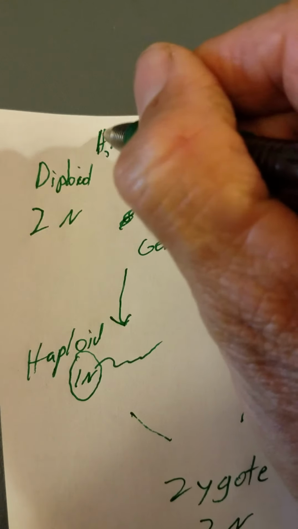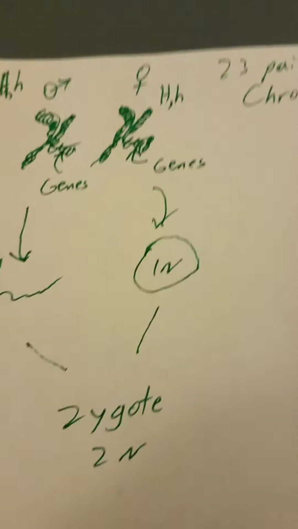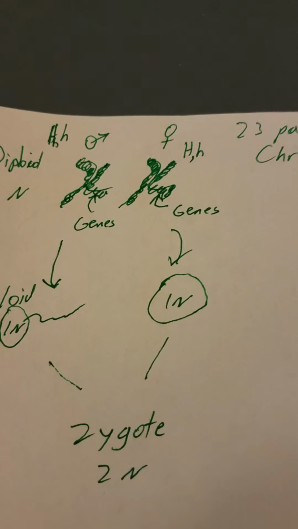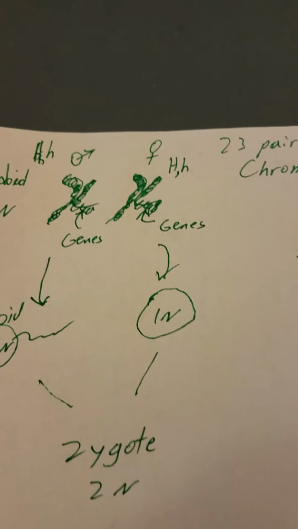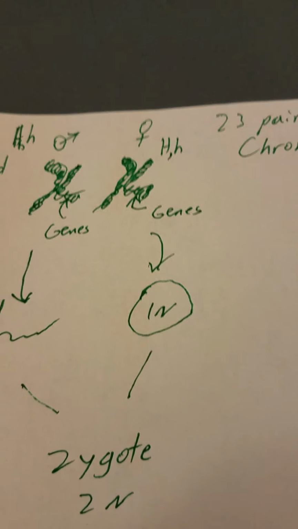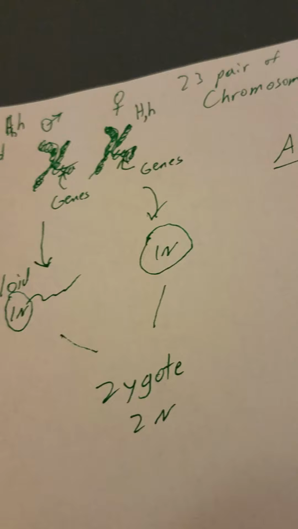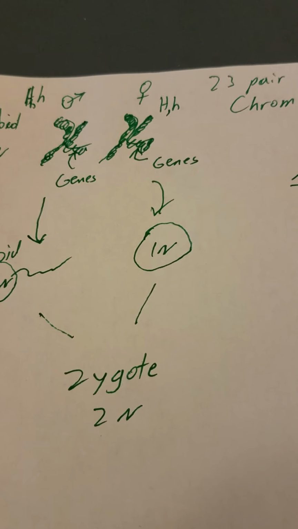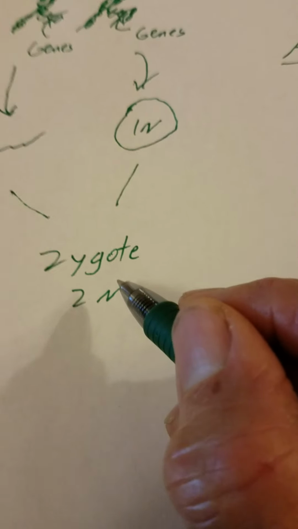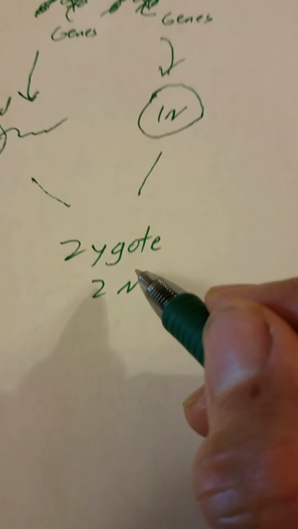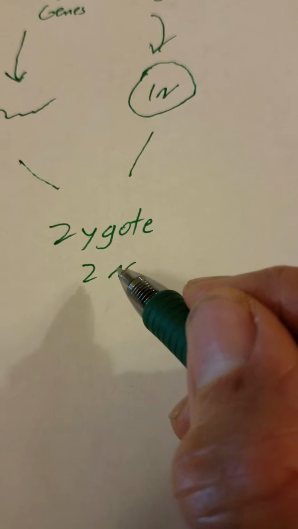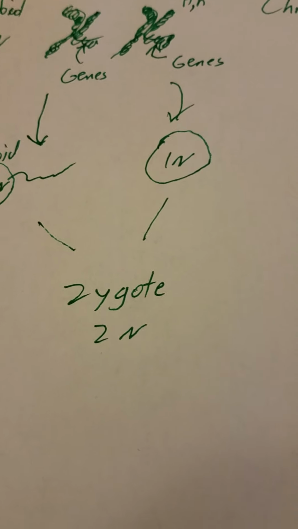Okay? They both had straight hair, but they weren't purebred. They were hybrid or heterozygous. They had one of each of the alleles for their hair texture. Now, what is the percentages that their baby, their little zygote here, is going to have straight hair or curly hair? Let's find out. So we're going to do our Punnett square.